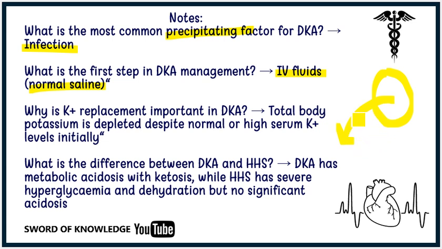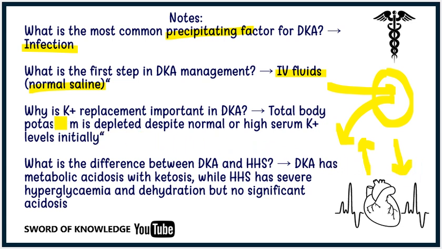So potassium is coming out of the cell, and we think that the patient is in a hyperkalemic state, but this is not actual hyperkalemia, because the cells are already depleted of potassium. So initially we see hyperkalemia. After we start the insulin therapy or the IV fluid, the potassium starts to go inside the cell, and we see a dramatic decrease in potassium level.